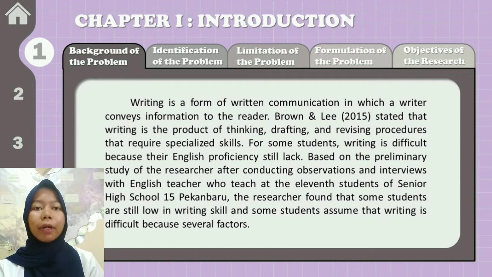Based on the preliminary study of the researcher, after conducting observations and interviews with English teachers who teach at the 11th grade of Senior High School 15 Pekanbaru, the researcher found that some students are still low in writing skill, and some students assume that writing is difficult because of several factors.